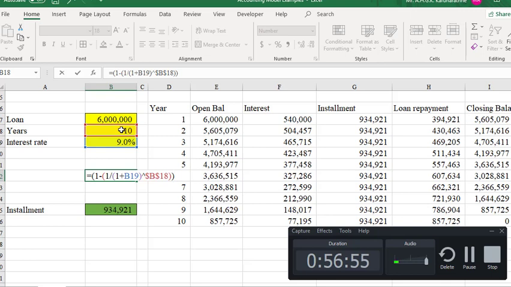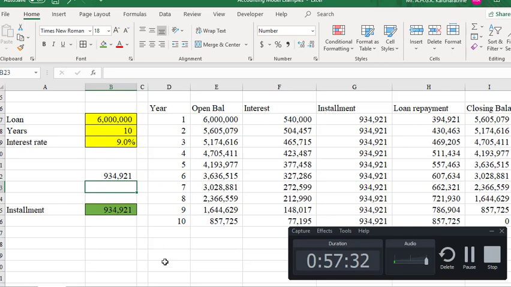This whole should be divided by r again, and then close the whole bracket. This gives you the annuity factor. You should divide your loan by this annuity factor, this formula result. So I will say this loan divided by this particular formula, and enter.